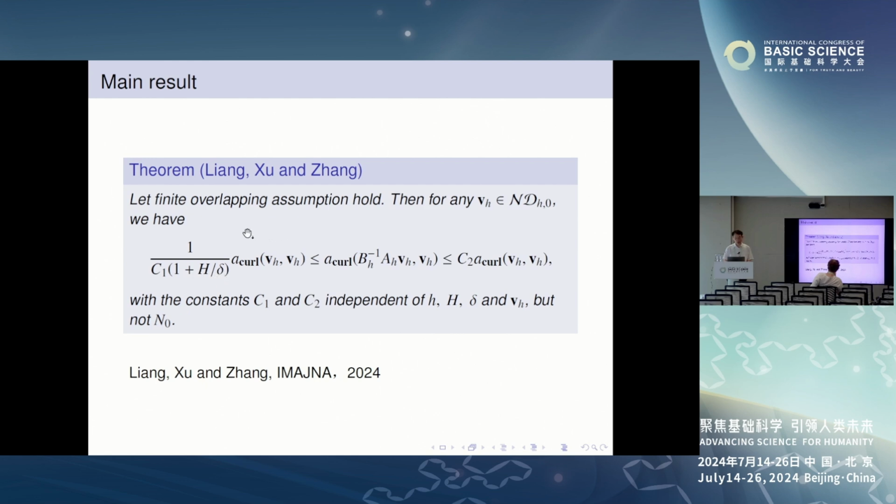So we can prove this preconditioner condition number is C times 1 plus capital H over delta, not H squared over delta squared. Okay, so this result is already published in the IMA Journal of Numerical Analysis, the British journal from Oxford, right? This year, just published.